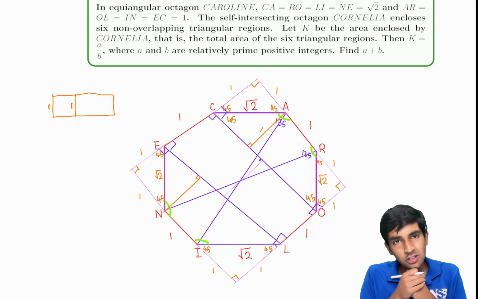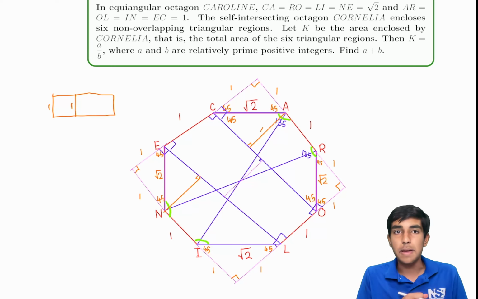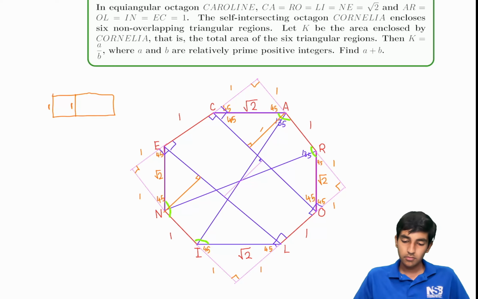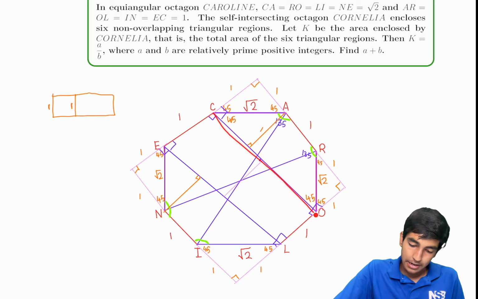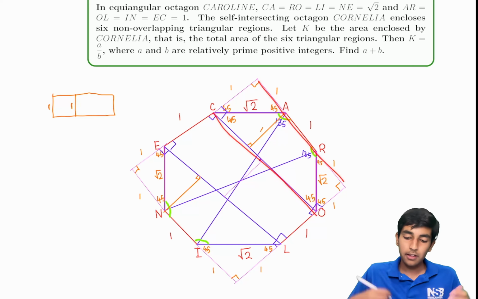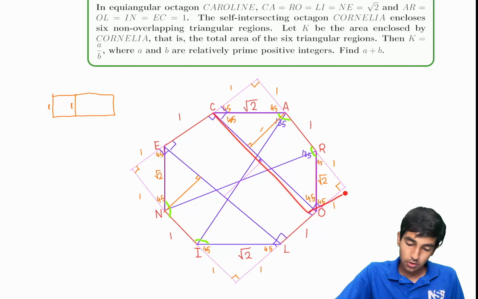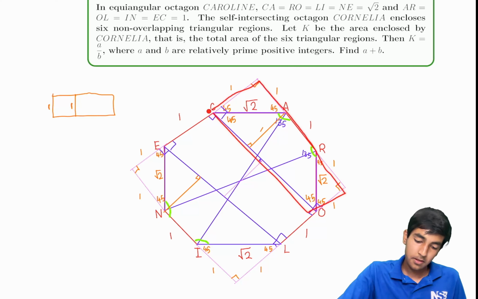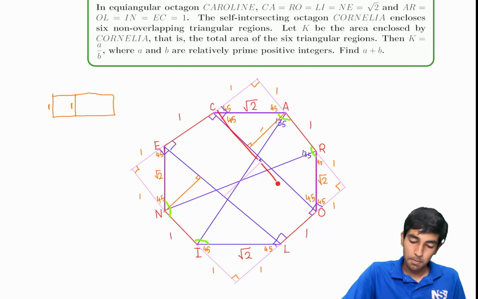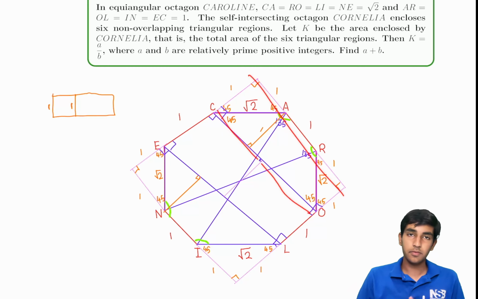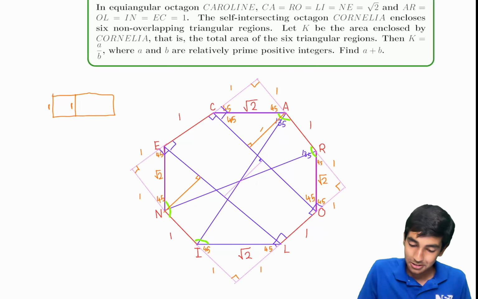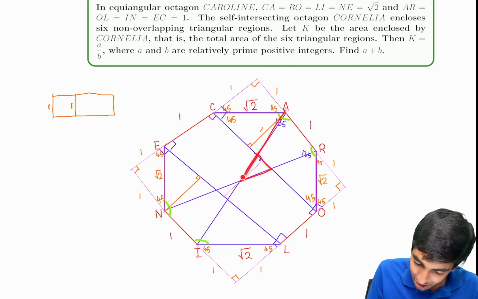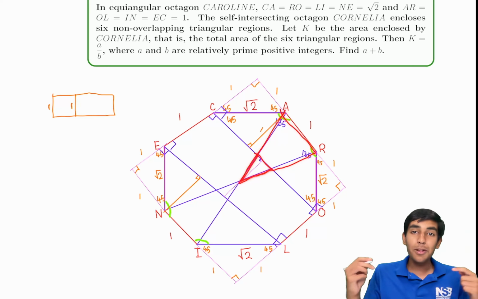The next question is, how do we find their bases? So something you might notice is that because of the perpendicular lines, because this thing is a rectangle, these two lines are parallel. Parallel lines, similar triangles. This triangle and this triangle are similar.